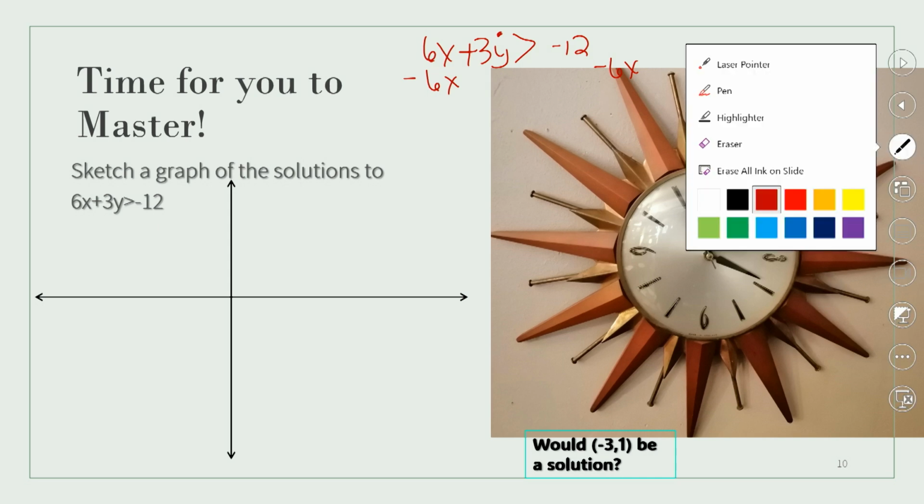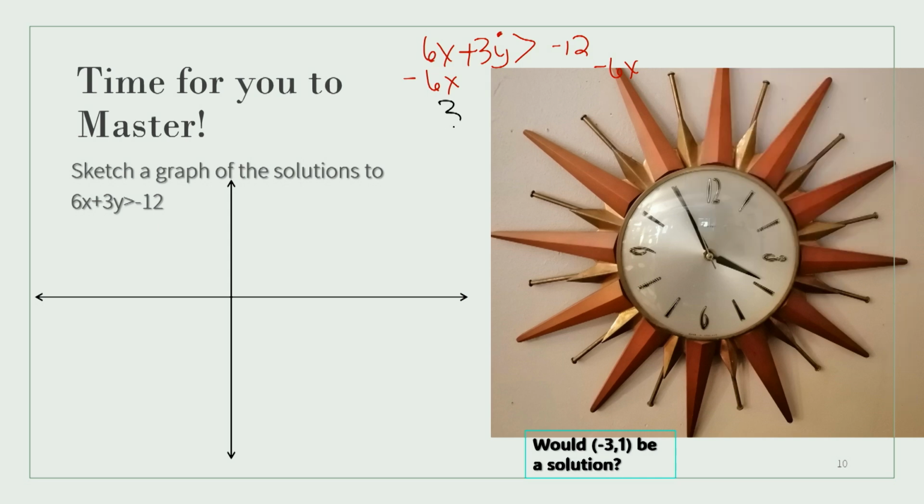So then I would have 3y is greater than negative 6x minus 12. Still need to get that y by itself by dividing by 3 in all of my terms. So y is greater than negative 2x minus 4.